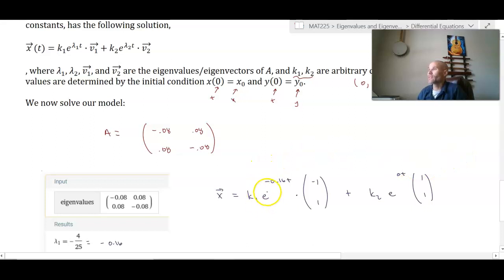The diagonalization decomposition theorem said that x is equal to k1 lambda 1 to the t times v1 plus k2 lambda 2 to the t v2. Now, these were our lambdas, but now we have exponential functions, and our exponentials are in the exponent.